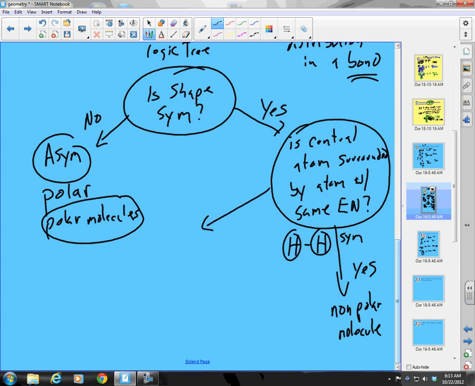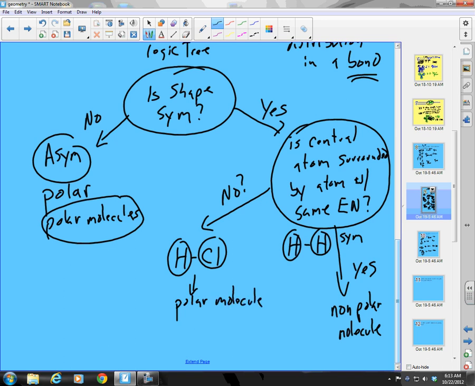But let's say I have something like HCl. This is a linear shape, but notice my Cl and my H are not the same. So this answer is no, and these have different electronegativities. So this is what we'd call a polar molecule.